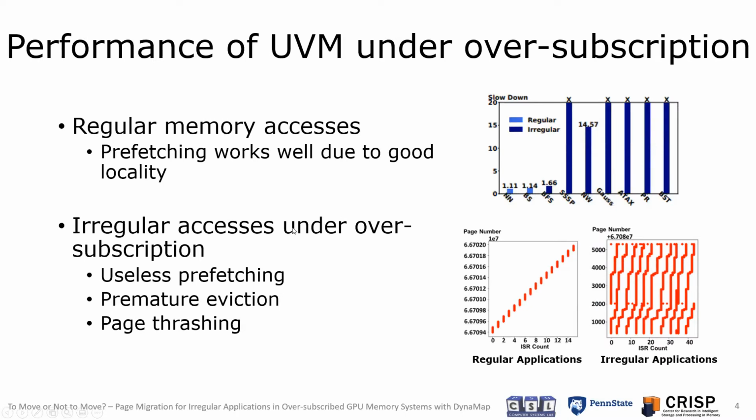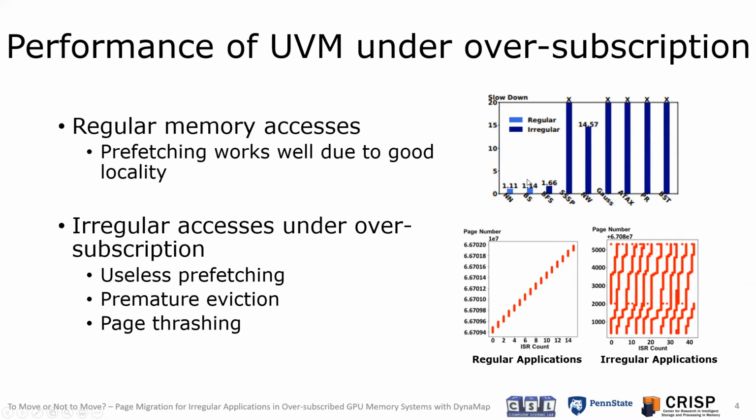So looking into the performances of UVM under memory oversubscription, we found two kinds of applications perform quite differently. See the figure on the right? It shows the slowdown for each application under memory oversubscription. We can see that for regular applications, which have good locality for most accessed pages, they suffer just a little.